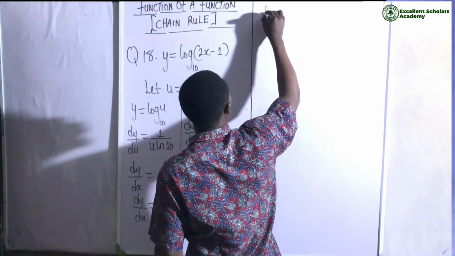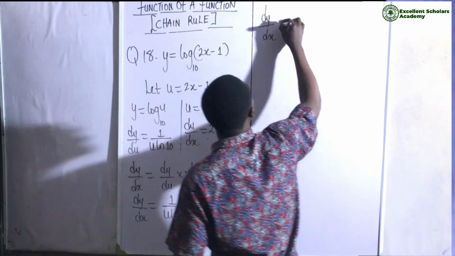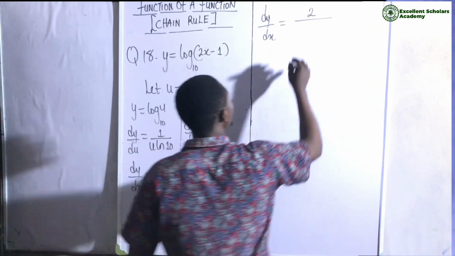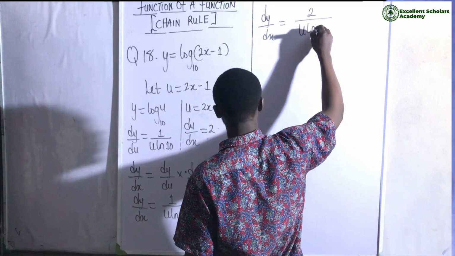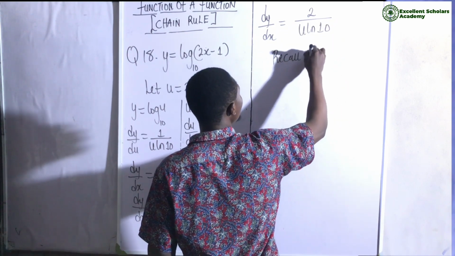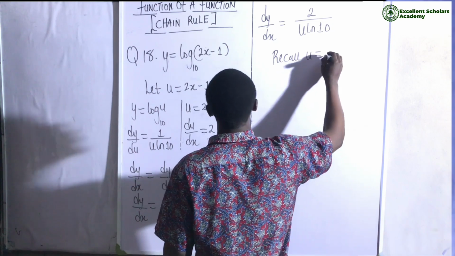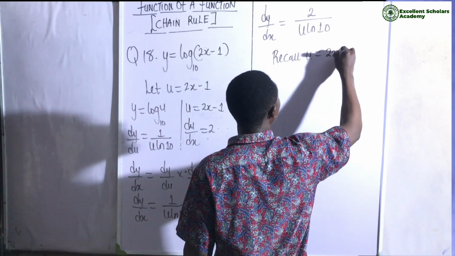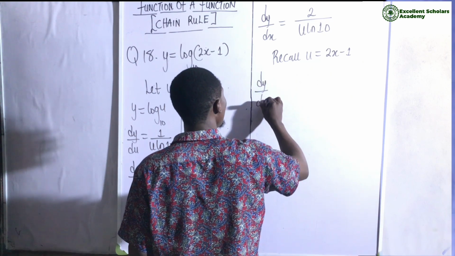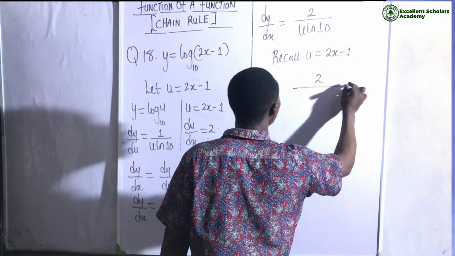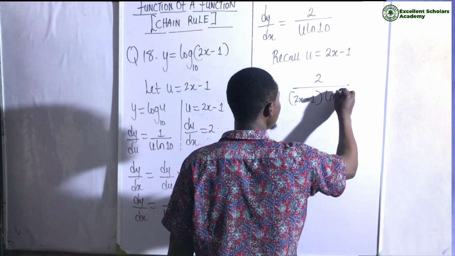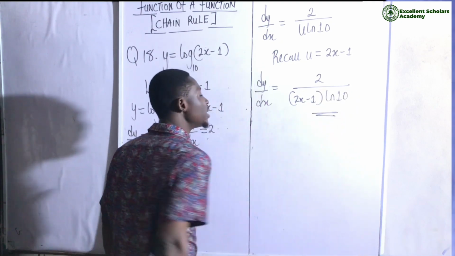So dy/dx will be equal to 2 over u ln 10. So recall that your u equals 2x minus 1. So dy/dx will be equal to 2 over (2x minus 1) ln 10. So that will be our answer.